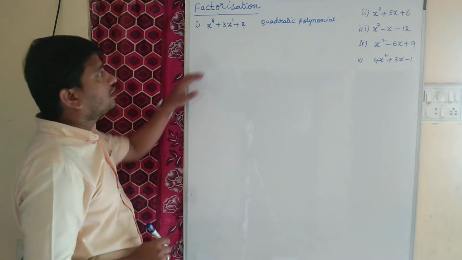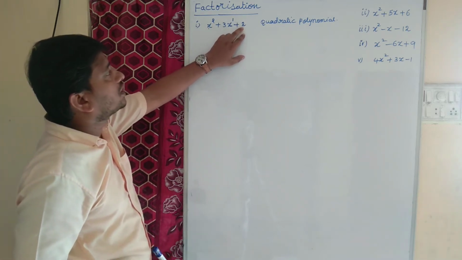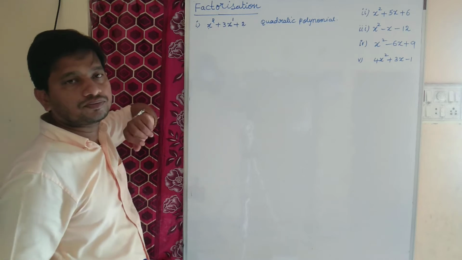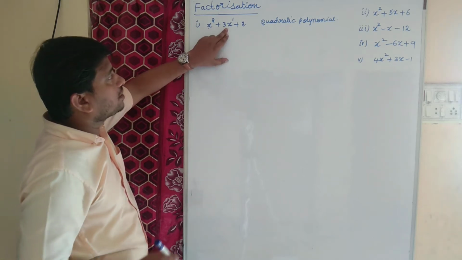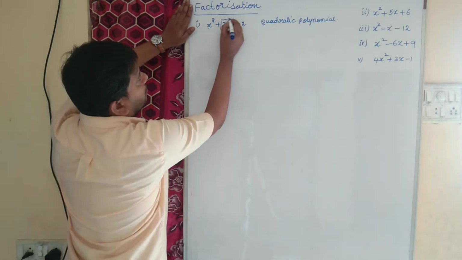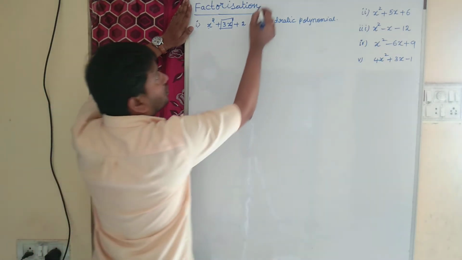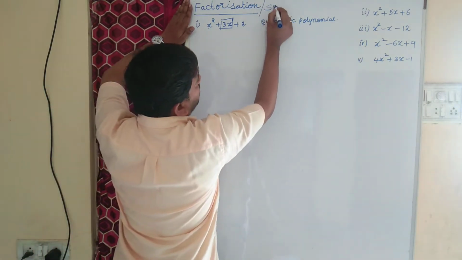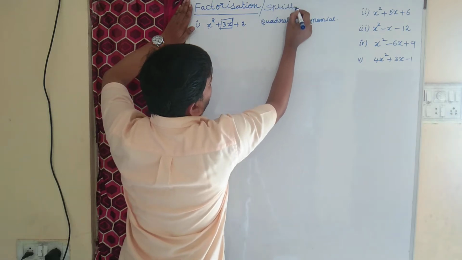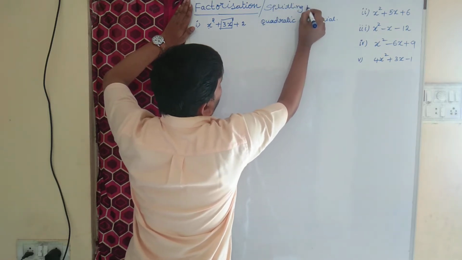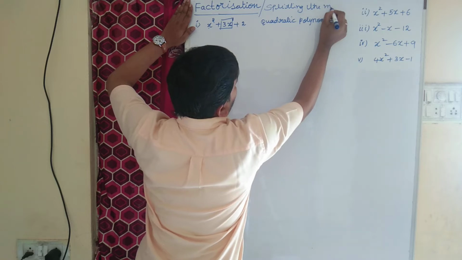Here the constant term is 2 and the middle term is 3x. As I told you, we can also call it splitting the middle term.